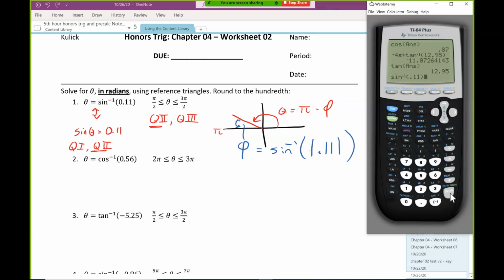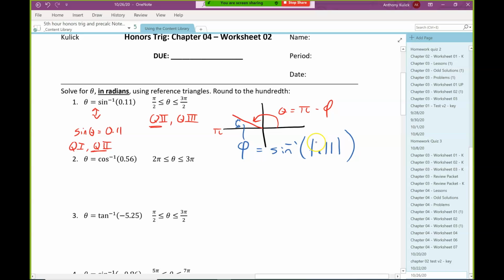That's the absolute value of 0.11. Right, so those are verticals. So that's 0.11. And then if I do pi minus that answer, I get 3.03. We'll do that. Make it a little bit easier to tell.